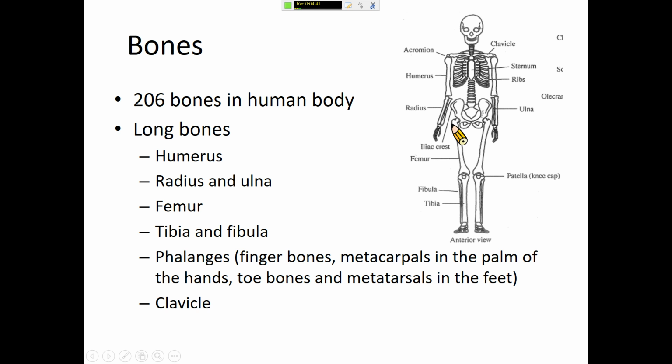As we will see, this is called pronation. Have we discussed this already in chapter 1? No, okay. You can turn your forearm.